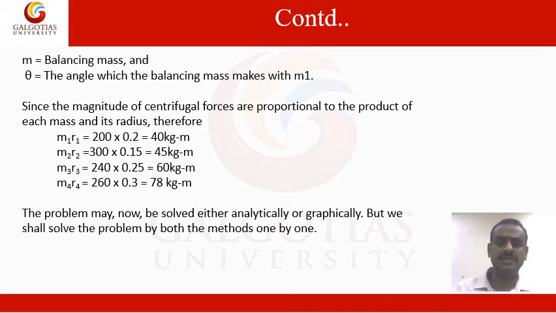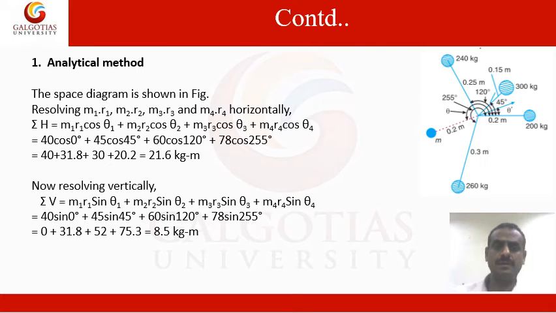So the centrifugal force is calculated for all four masses. The problem may be solved either analytically or graphically. First we'll see how this problem is solved through the analytical method to determine the magnitude of the balancing mass.